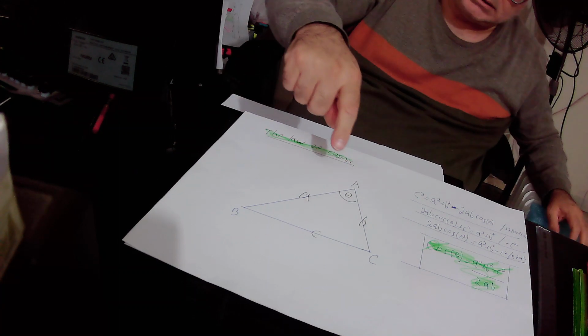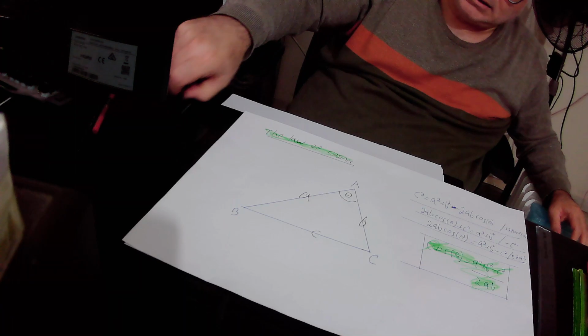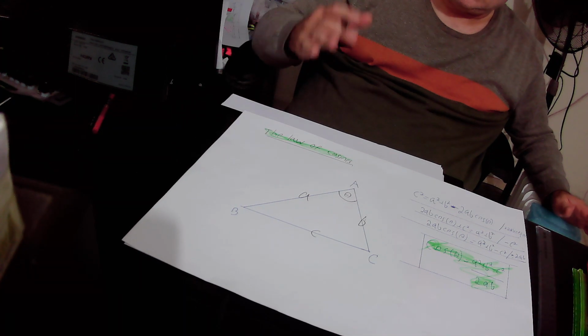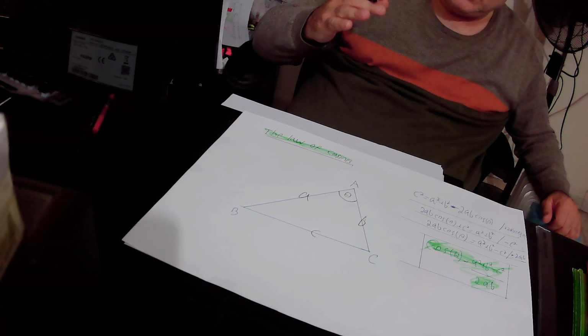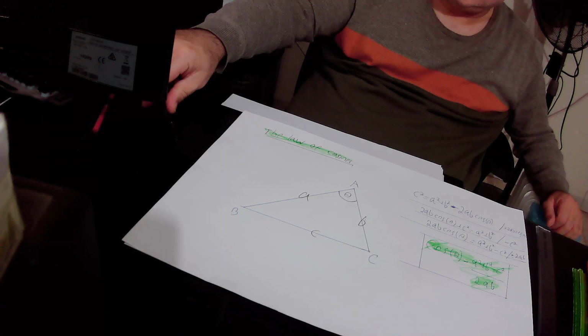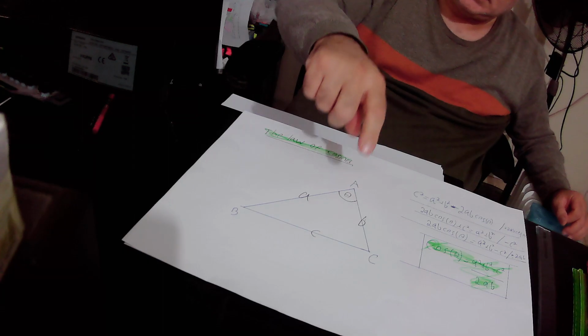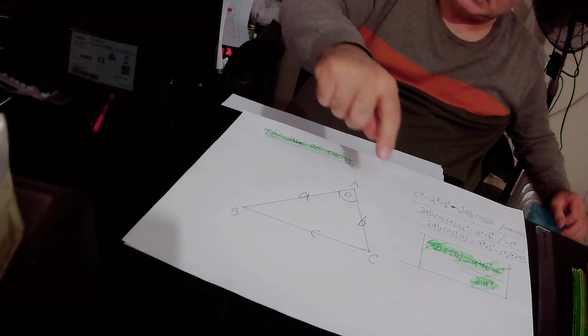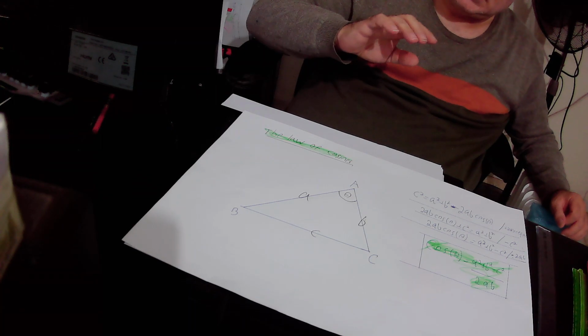In addition, this angle BAC equals to theta. So, according to the law of cosines, in this triangle ABC, C square equals to A square plus B square minus 2 times A times B times cosine theta.